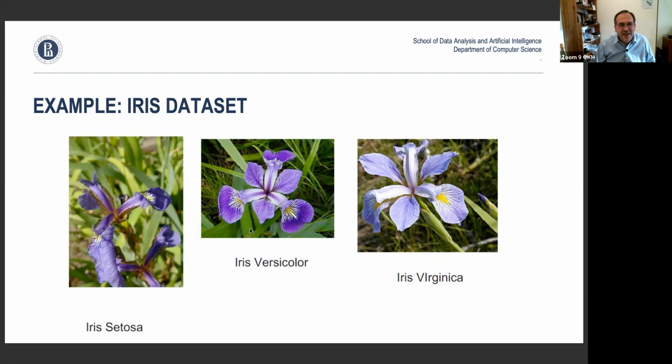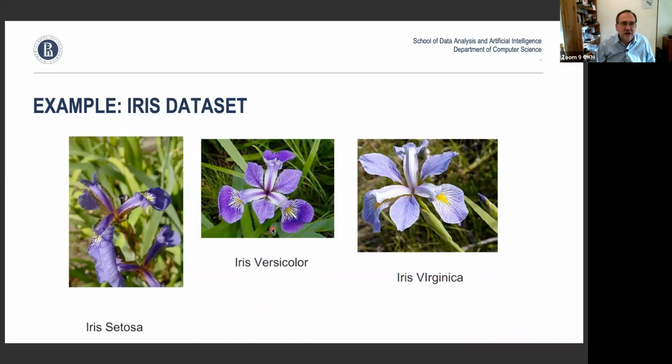And they differ by the size and the shape of the leaves, right? Some are more elongated, some are less elongated. So a botanical expert can, by looking at the iris, distinguish which type of iris it is.